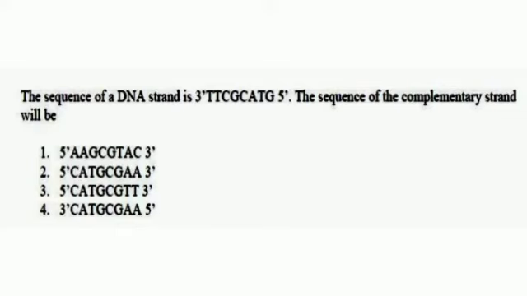The next one: the sequence of a DNA strand is TT, CG, CA, TG. The sequence of the complementary strand will be. The right one is option 1, AA, GC, GT, AC.